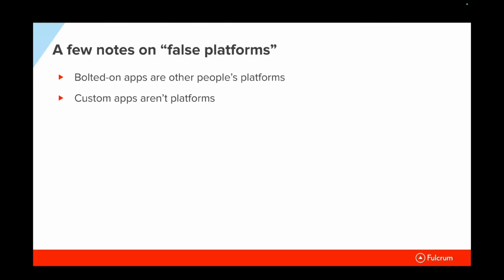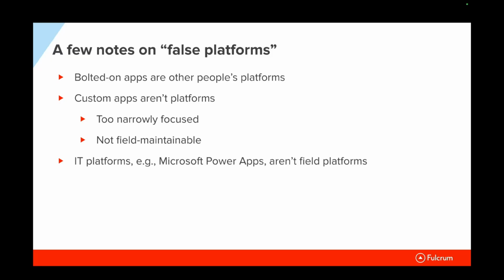Custom apps also aren't platforms, and the reasons for this are several, but I'll stick with just the fact that they tend to be very focused on a particular task. So then when you shift to another task, you don't have all of the infrastructure that's necessary to make sure that the first app is consistent with the second app. And that's true even when the platform that you're using is some kind of an IT platform.